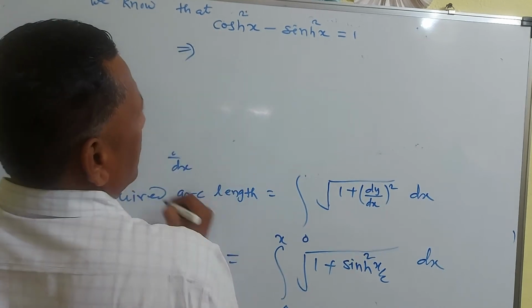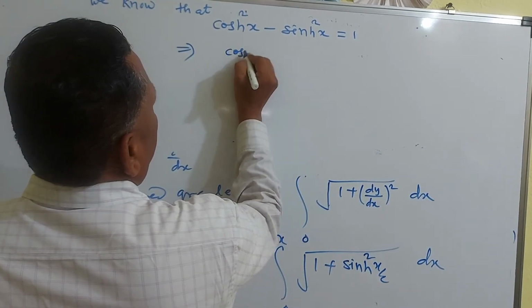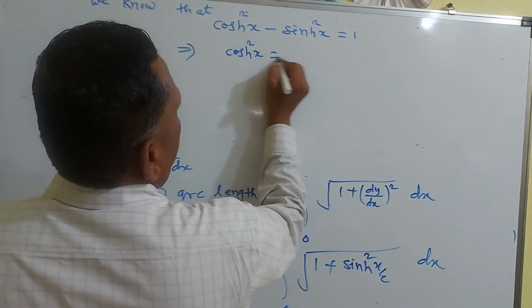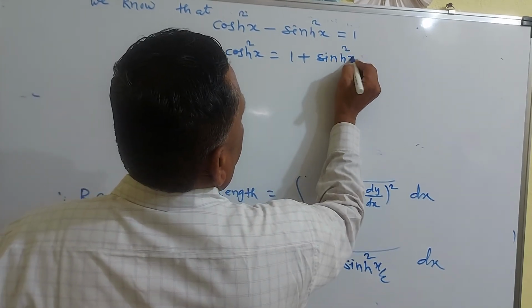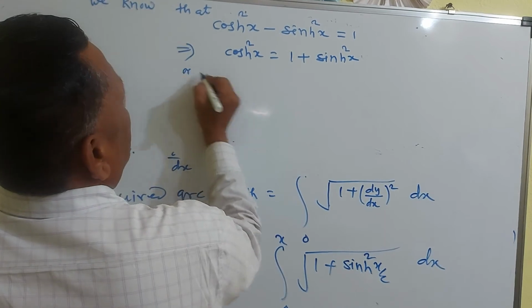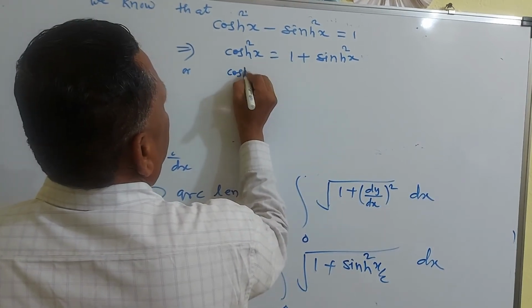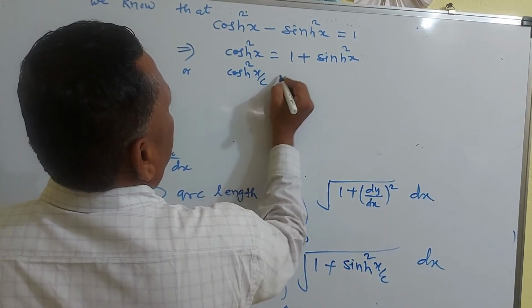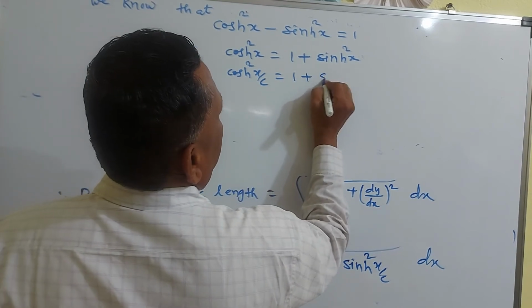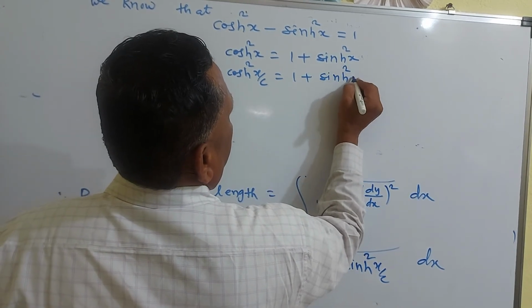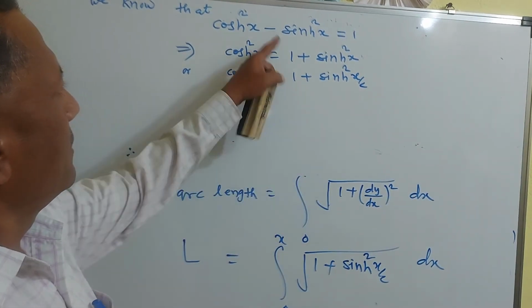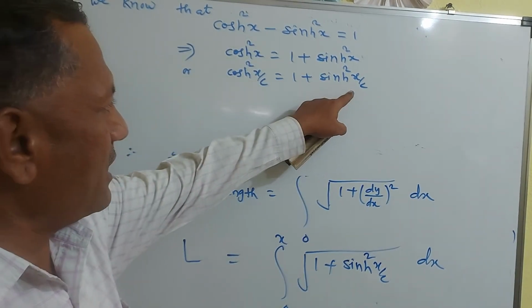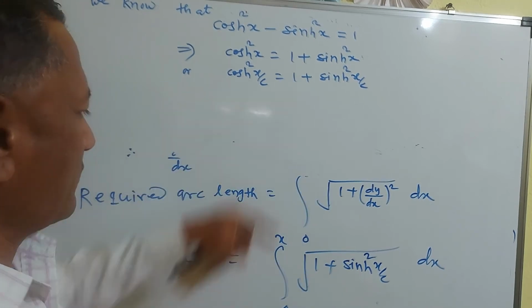From this, cos h square x is equal to 1 plus sin h square x, or cos h square of x upon c is equal to 1 plus sin h square of x upon c. So you substitute: 1 plus sin h square of x upon c is cos h square of x upon c.